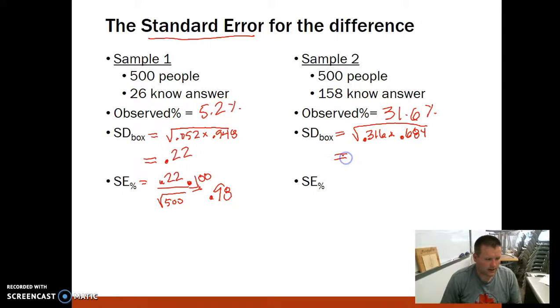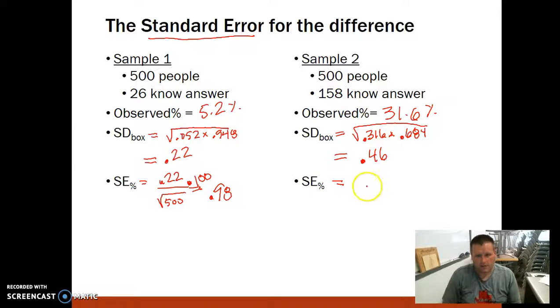And we're going to compute that. And when we do that, we get 0.46. That's the standard deviation of my box. Hopefully everybody's good with that. Remember, we're just taking the observed percentage as a decimal times 100 minus the observed for that. Again, this should look familiar.